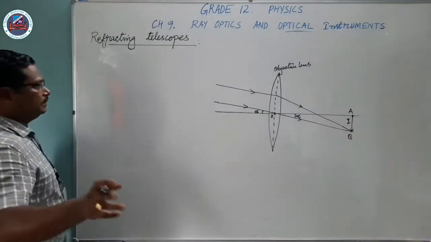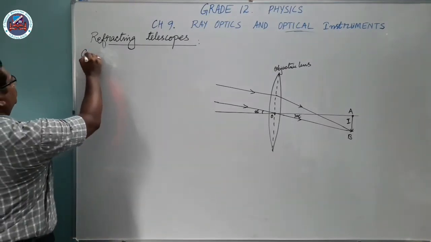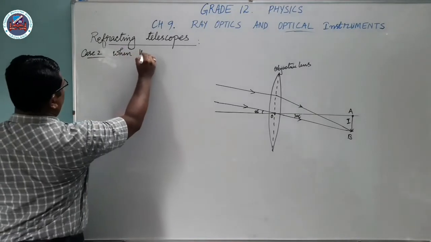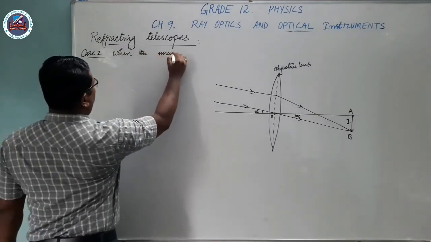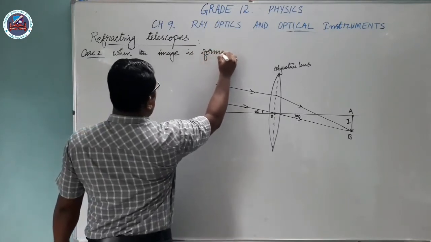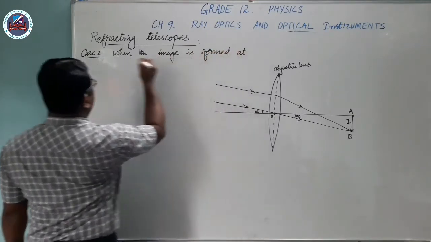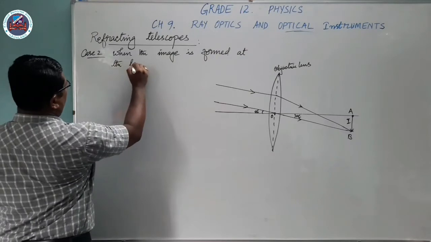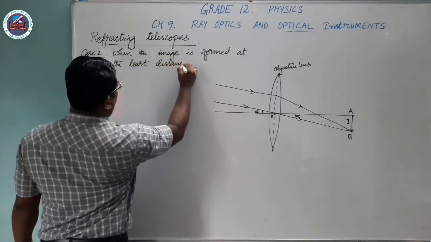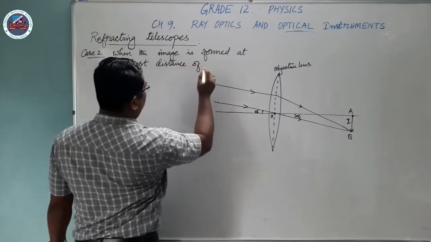Let us take the second case, case 2, when the image is formed at the least distance of distinct vision, that is the near point.